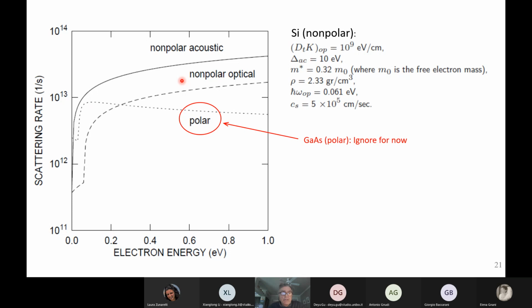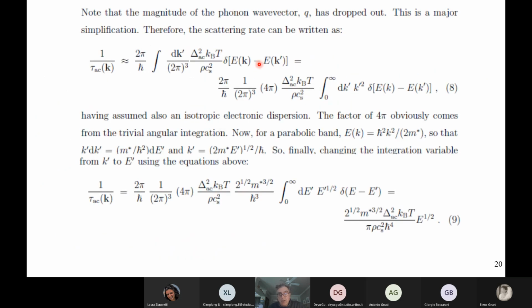So the density of final states controls this interaction completely because the matrix element doesn't play much of a role. The interaction also will be isotropic, essentially. If we look at the integration that we have over here, there's no Q, so we don't favor any particular angle. So it's totally randomizing. An electron scatters with an acoustic phonon or with an optical phonon with a nonpolar interaction. It can go into any state.